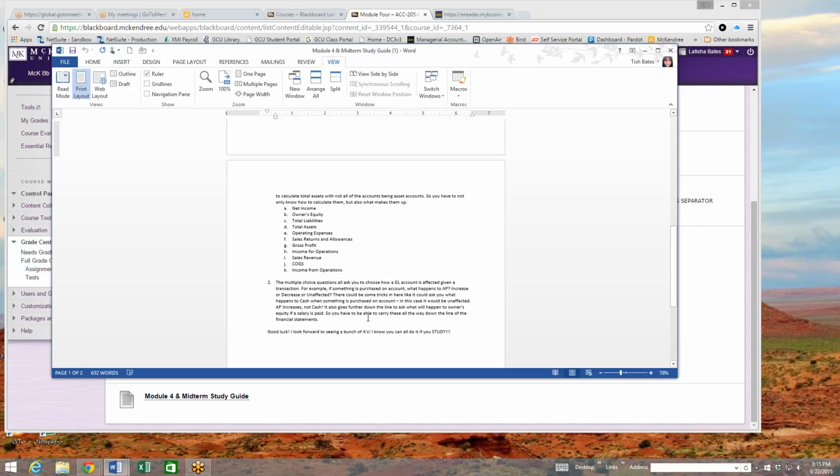The reason for that being, if you purchase something on account, it goes to AP, right? And nothing happens to cash at that very moment when it's purchased. Later on, after it's paid for, cash is affected and AP is affected, but that's not what the question's asking. So I just want you to be very aware of that and make sure that you read these questions carefully.